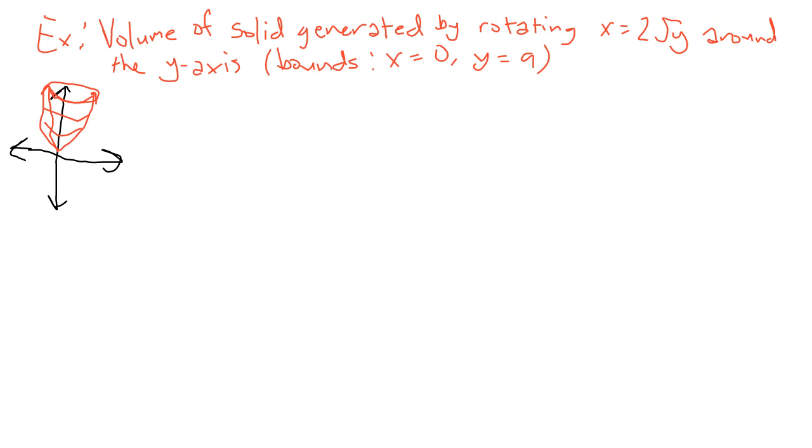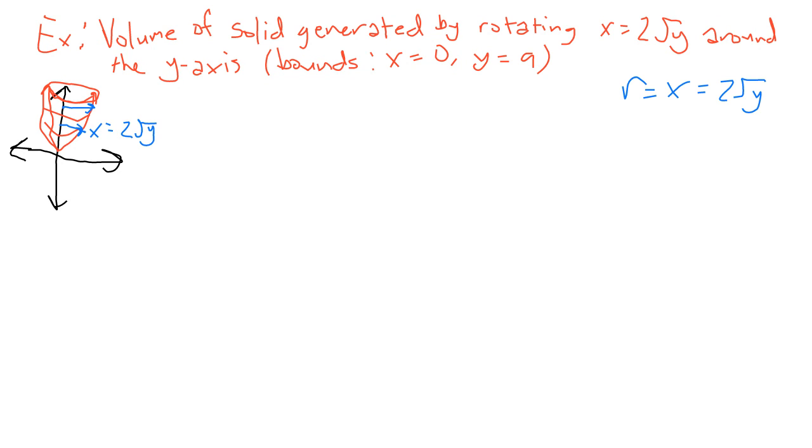If we're rotating around the y and we go out, that is going to hit x, and we know that x is equal to 2 square root of y. So in this case, we can say r is equal to x, which is equal to 2 square root of y. Now it's just a matter of plugging this into our formula.